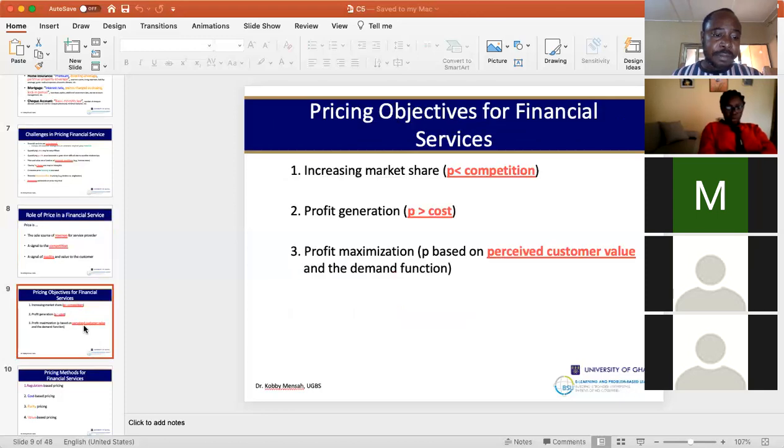All right. Now, when we look at the objectives for financial services pricing, obviously, as we discussed earlier, we use pricing to increase market share. When you're using pricing to increase market share, sometimes you want to peg your price a little bit below the competitor, depending on the circumstances, or just about the same as a competitor, but with a higher value or higher quality.